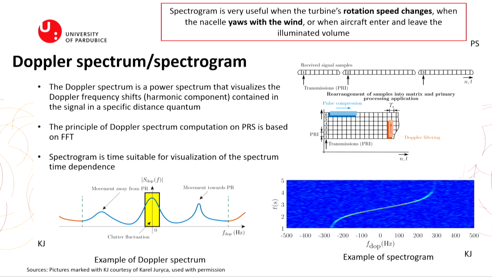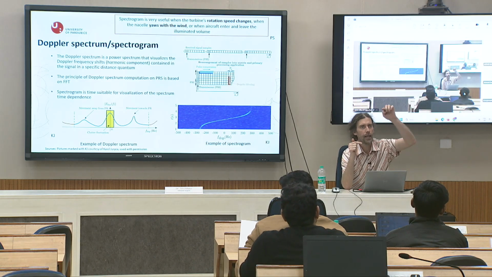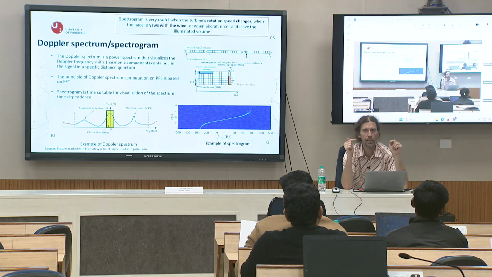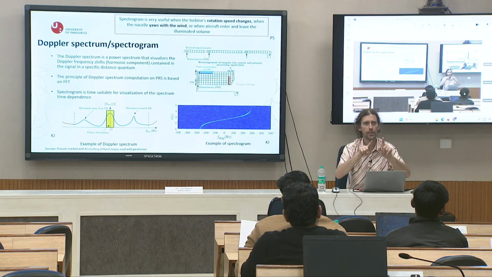And now imagine that the rotation of wind turbines is so high at the tip of the blades that it produces a Doppler of 700. So what happens in your spectrum or spectrogram? Aliasing.